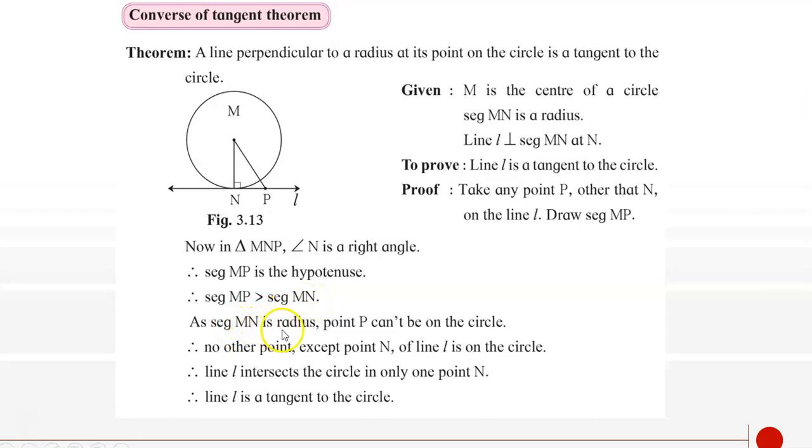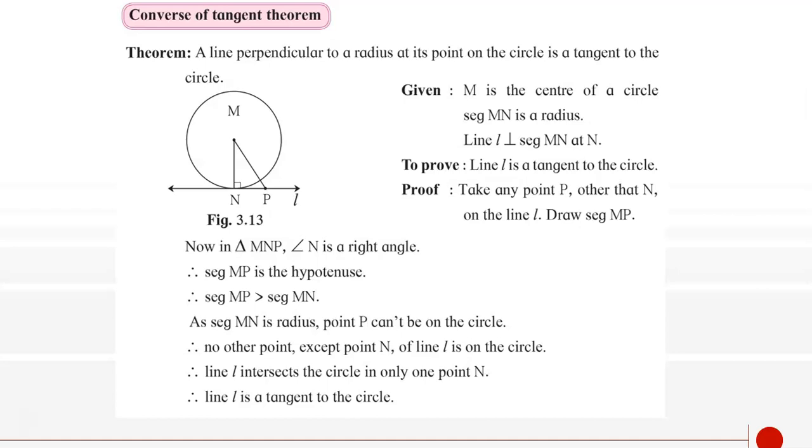As segment MN is the radius, point P can't be on the circle because MP is greater than MN. That means it is somewhere outside the circle. Therefore, no other point except point N of line L is on the circle.